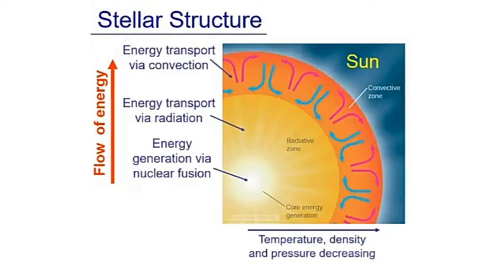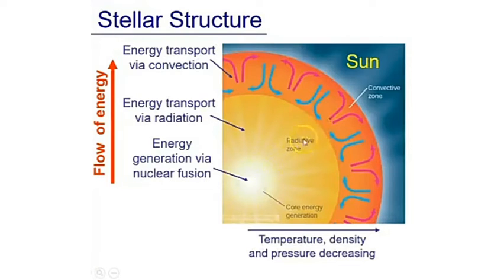Okay, so our sun is one of the main sequence stars, because it's cooler. It has a radiative zone in the middle, which is the core, where energy is made through nuclear fusion using the proton-proton chain. The energy is then given off through radiation until it reaches the outside.